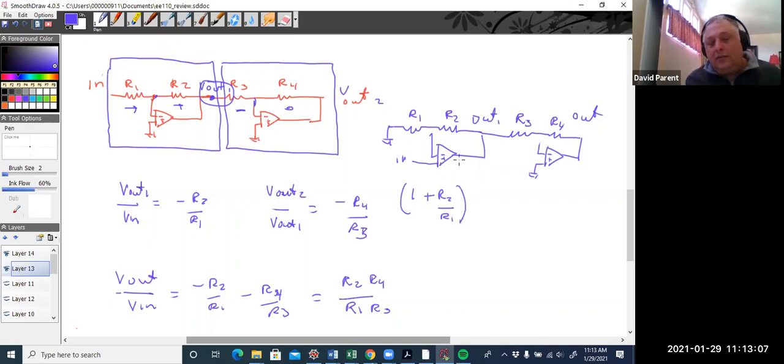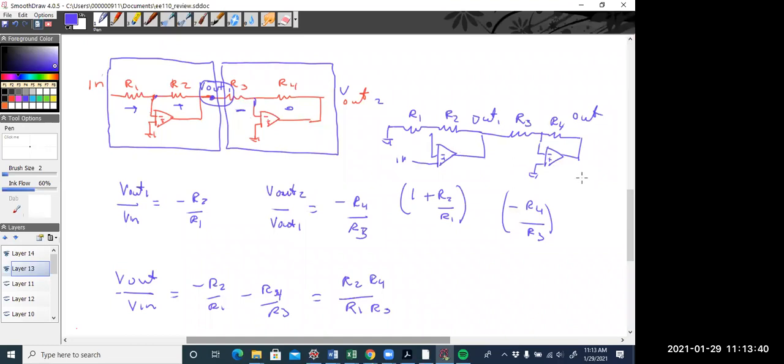That's the transfer function, V out 1 to V in, and that's just driving a load. And what's this? Well, that's still minus R4 over R3. That's the relationship there, and then you would just multiply it together. I could have a negative into an inverting into a non-inverting. I can have two non-invertings.